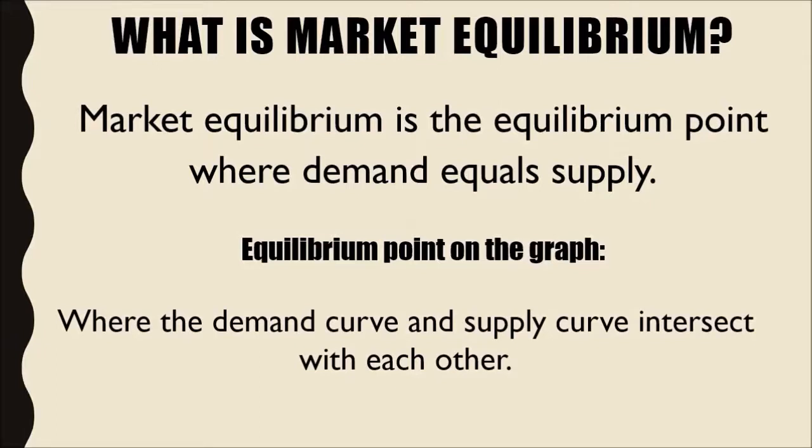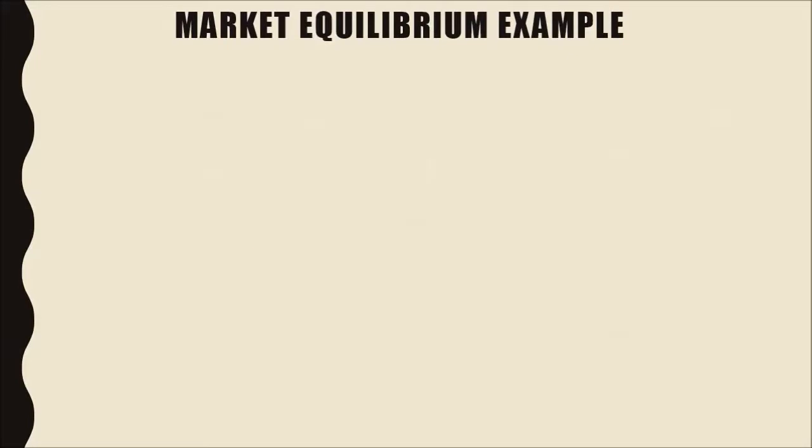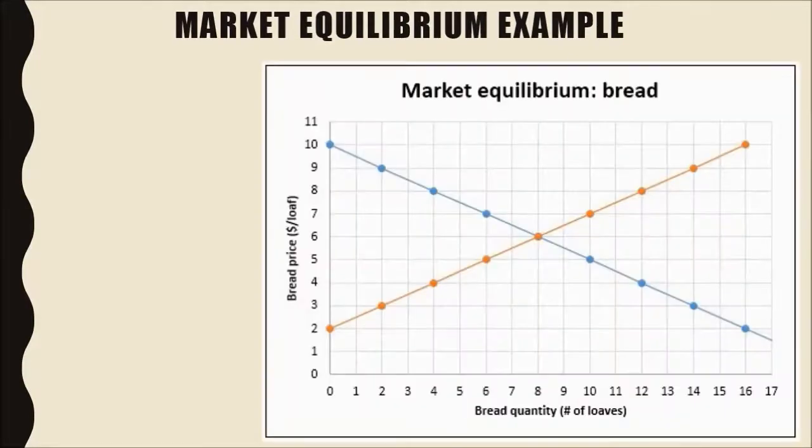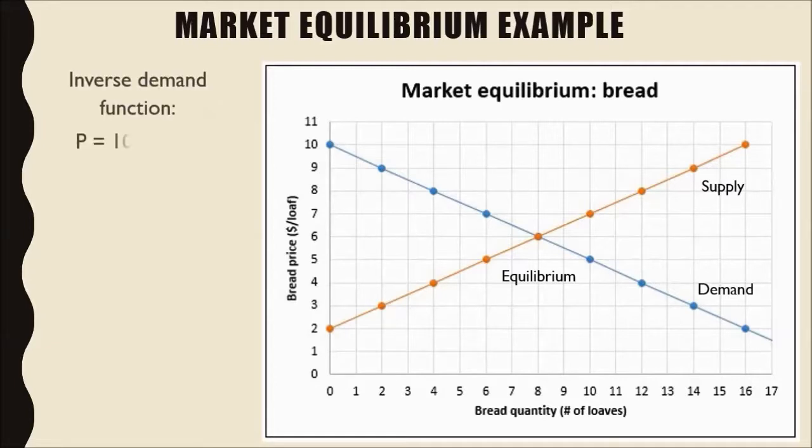Let's study the market equilibrium through an example. The following two curves represent the equilibrium point on the bread market, the blue curve being the demand curve and the orange one the supply curve. The equation for the inverse demand function is given by P equals 10 minus 0.5Q, while the equation for the inverse supply function is P equals 2 plus 0.5Q.